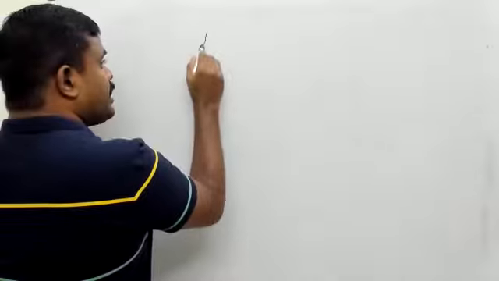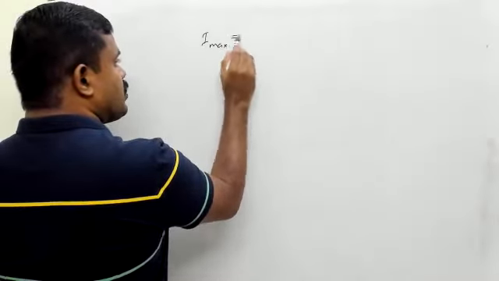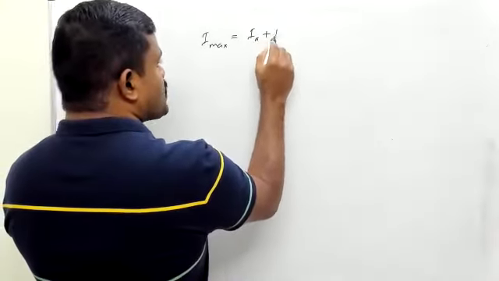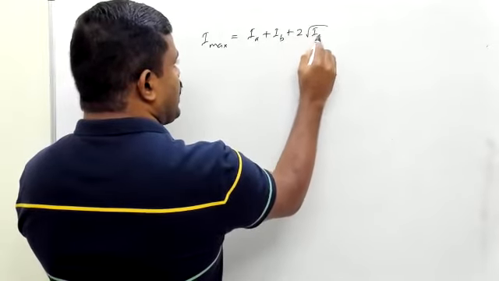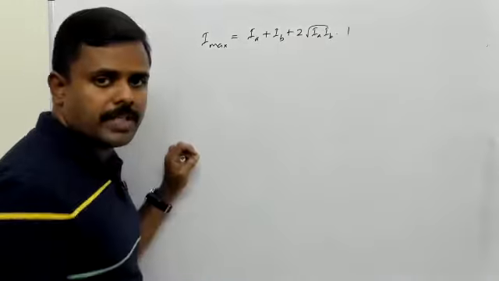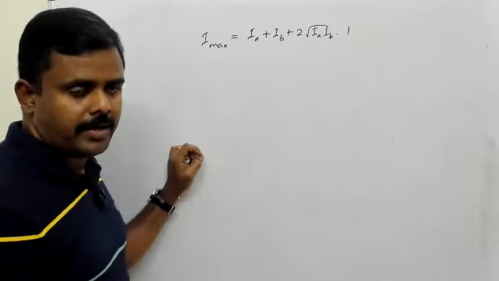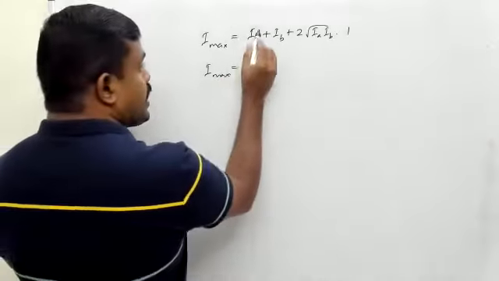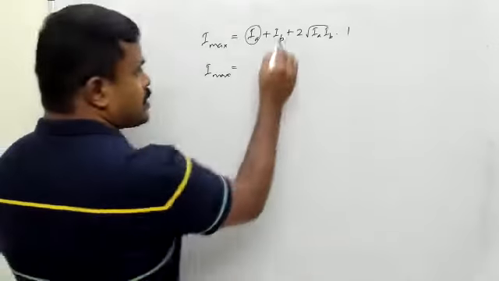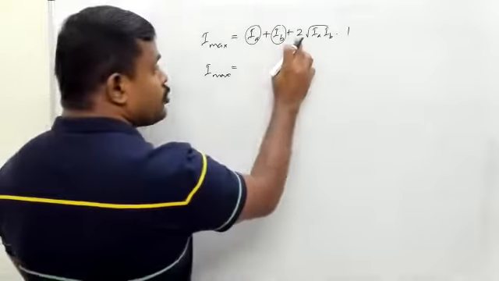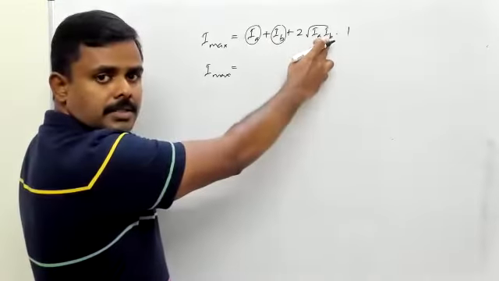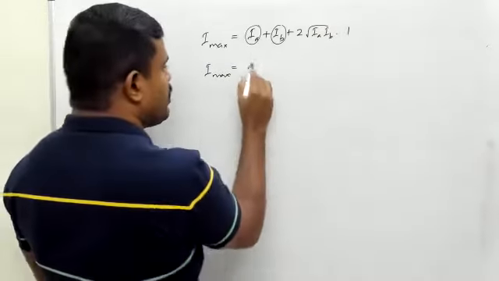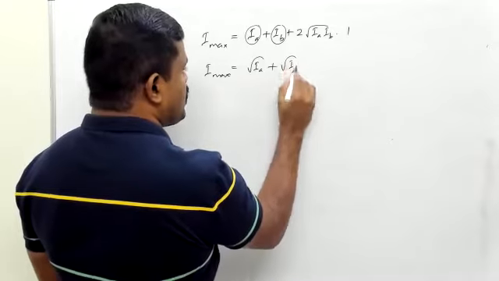Look at this. I'm going to write down the maximum intensity equation. What is maximum intensity? IA plus IB plus 2 root IA IB into cos phi. Cos phi is 1 for maximum. So I max looks like A square plus B square plus 2 into A into B. If the first term is root IA and the second term is root IB, so root IA plus root IB, the whole square.